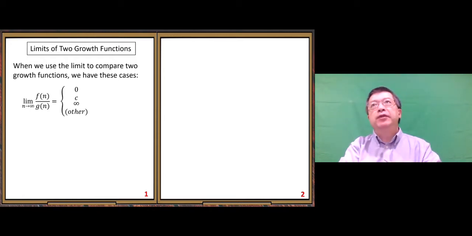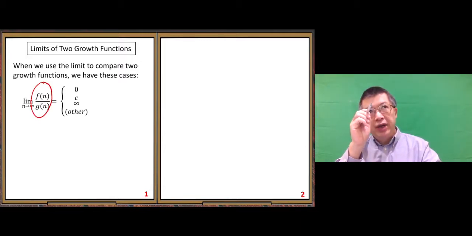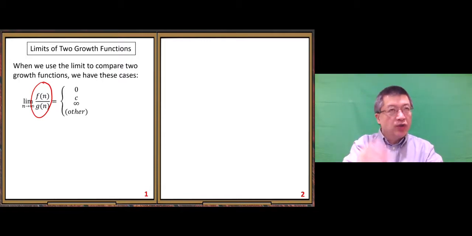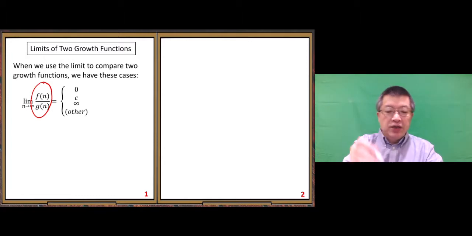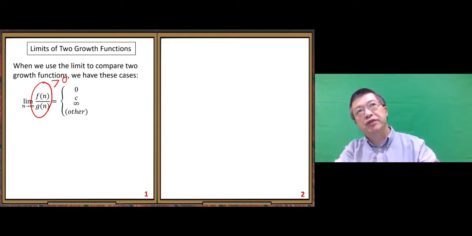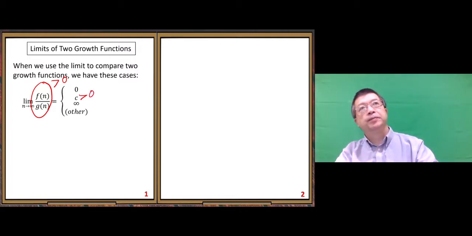For our particular situation, remember the growth functions in our situation each represent running time complexity, right? So the function is usually a positive function. So we consider positive functions, and this c should be a positive number.